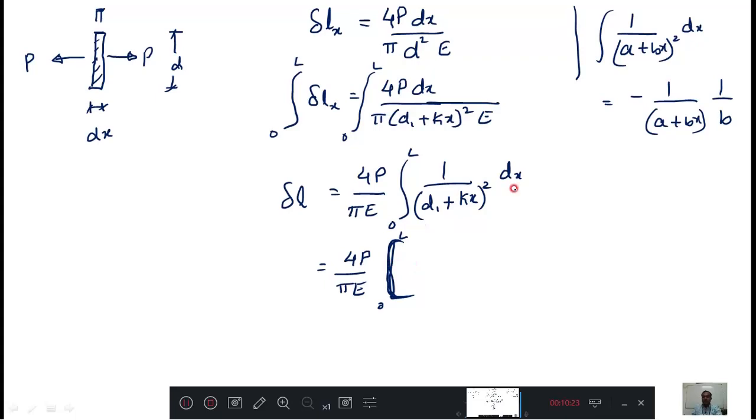Then here, this minus I will put outside.